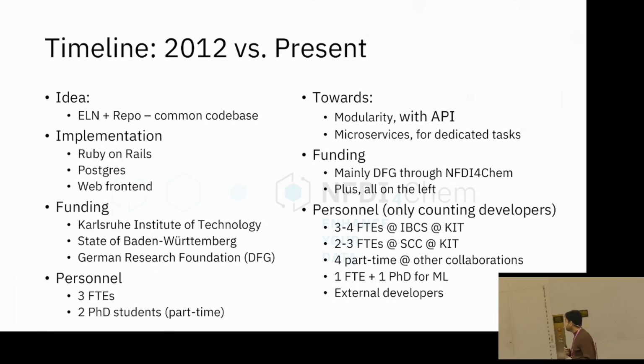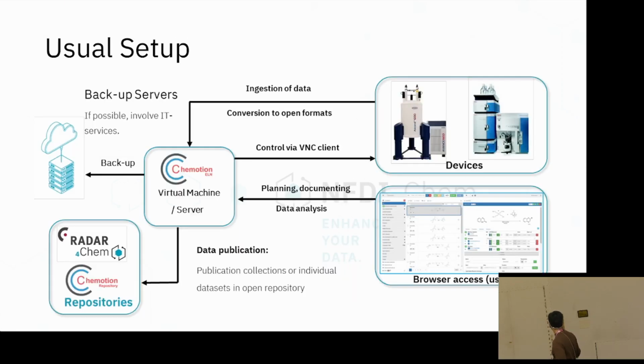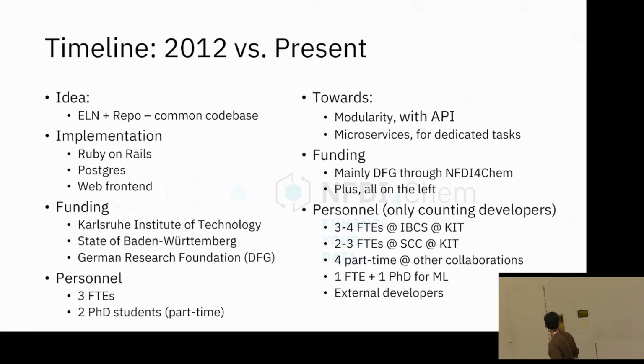Just to give you a timeline, the idea was thought of in 2012, and it was implemented in Ruby on Rails, Postgres, with a web front end. This was a particular choice because we want the end user to be able to access the ELN wherever they are.